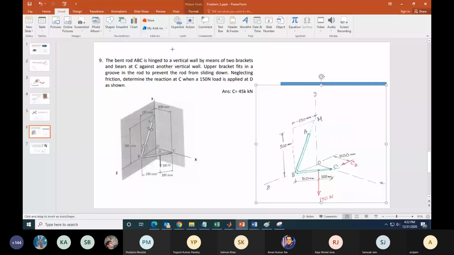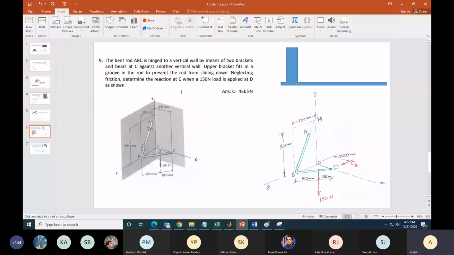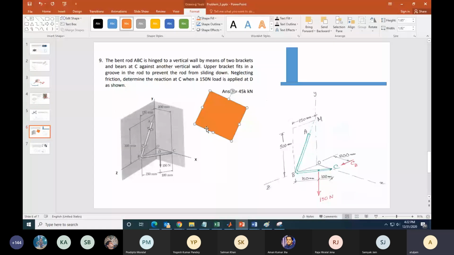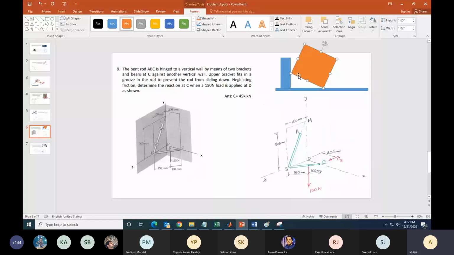Now, imagine that I have an object. Let's put it in orange color. Now, if it is like this, the wall is taller than the object. So the point of contact is in the middle of the wall. Then it is perpendicular to the wall.